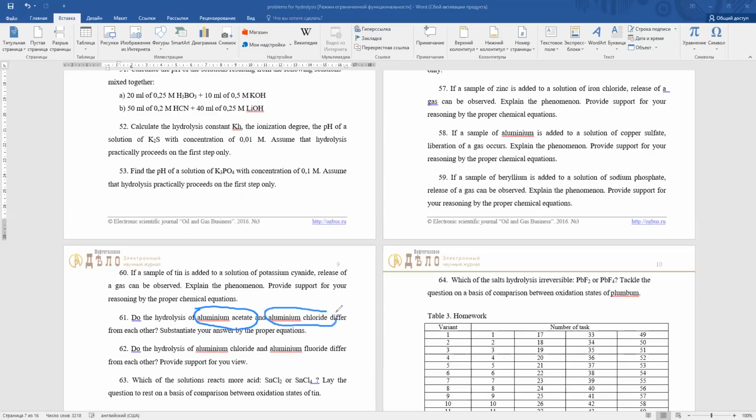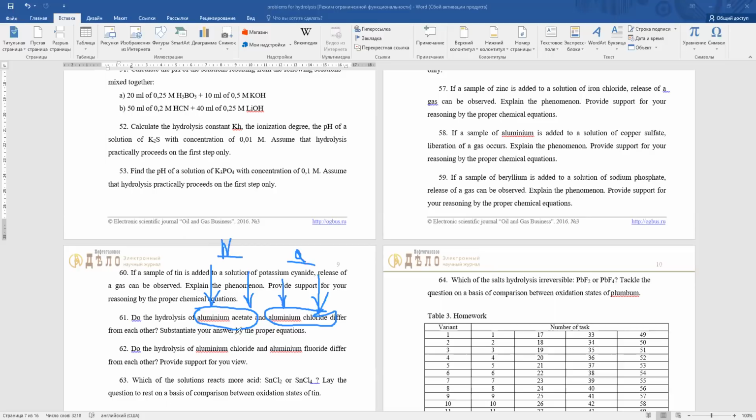This one is acidic because acetic acid is weak, aluminum base is weak, and hydrogen chloride acid is strong. In that case, here neutral, here acidic. Just tell a few words, that's it.